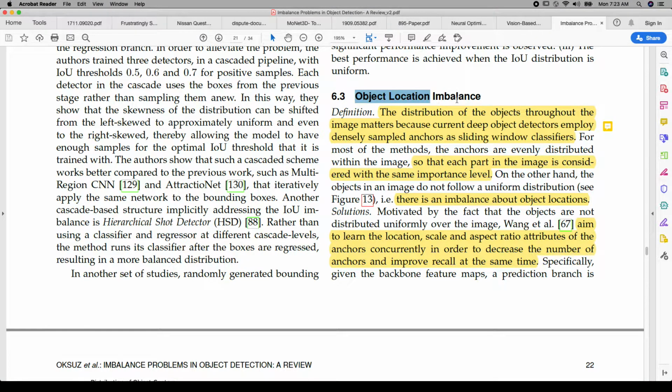If that is where the objects are throughout training, it will just continue to memorize 5 pixels from the left and 10 pixels from the top, rather than actually learning the object. So if this is my top, from here to here is 10 pixels, and from here to here maybe it's 5 pixels. It will just memorize this place, that the object is always here.